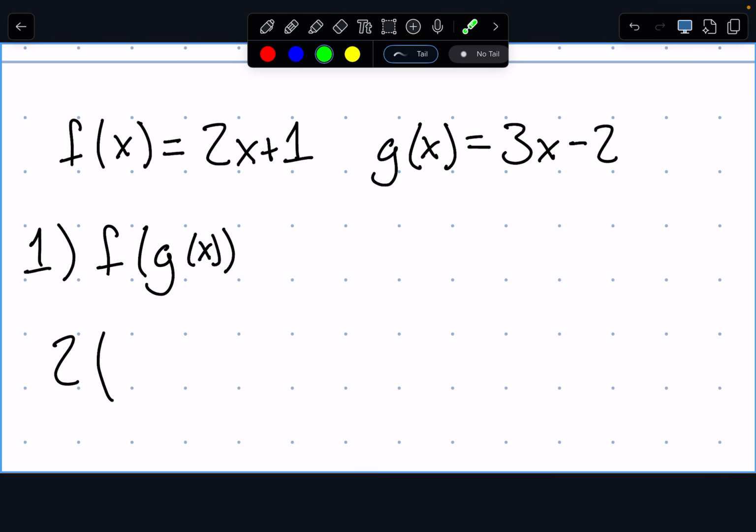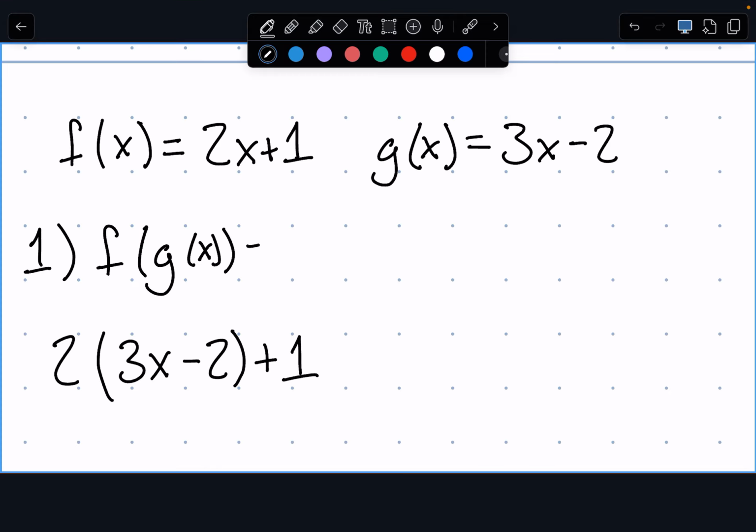So for f of x, f of g of x is going to be 2 times, and then this entire function here is going to replace x: 3x minus 2. And then I need to finish this function out, so I have plus 1. I'm almost done here.